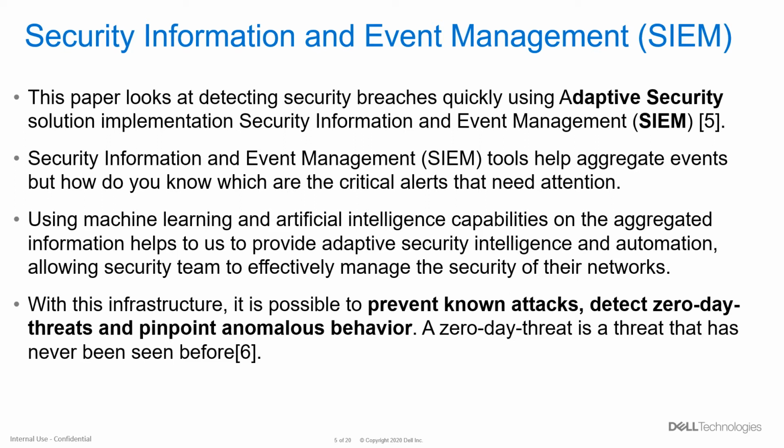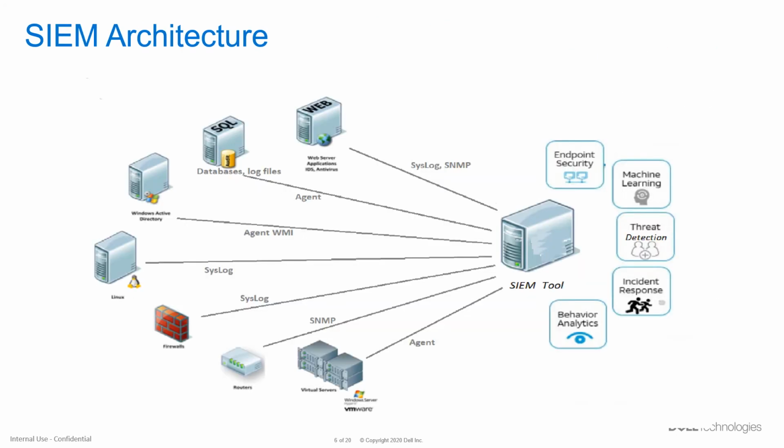Using machine learning and artificial intelligence capabilities on the aggregated information helps us provide adaptive security intelligence and automation, thus allowing the security teams to effectively manage the security of their networks. With SIEM solutions, it is possible to prevent known attacks, detect the zero-day threats, that is, the threats which have never occurred before, and pinpoint any anomalous behavior.